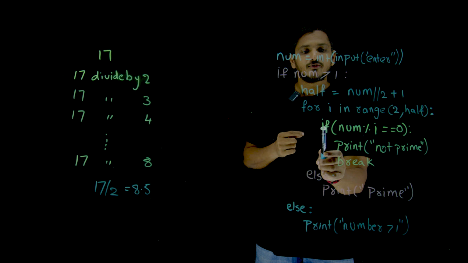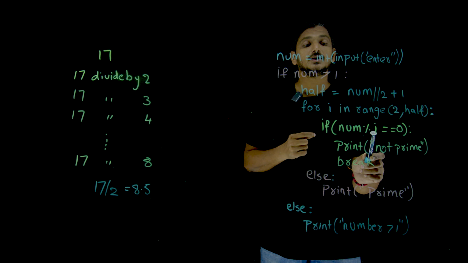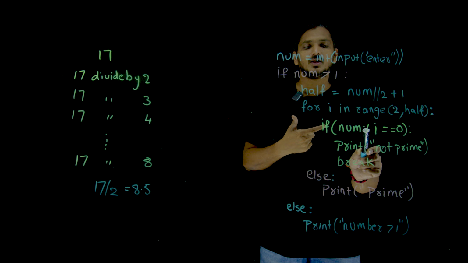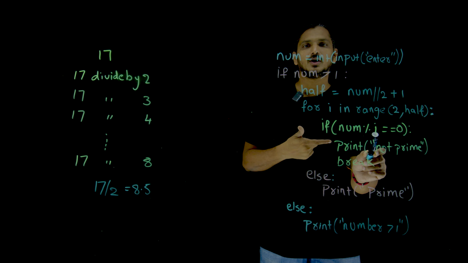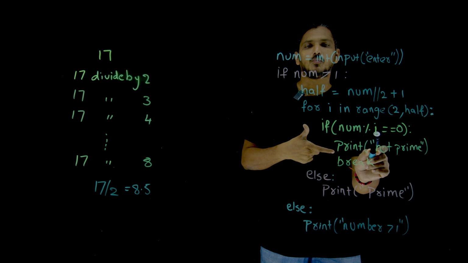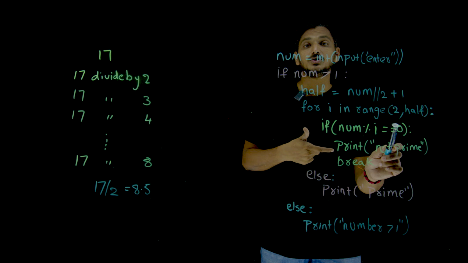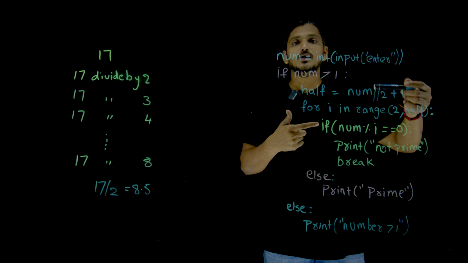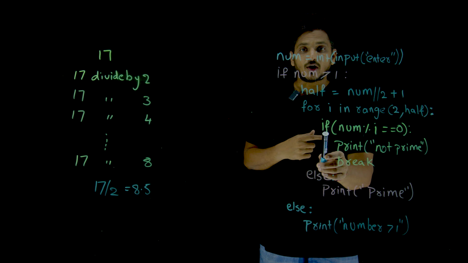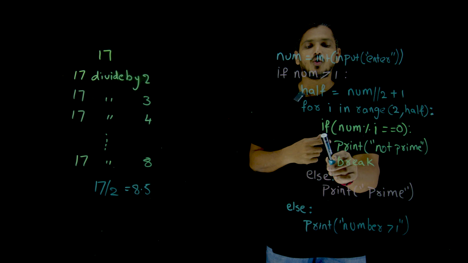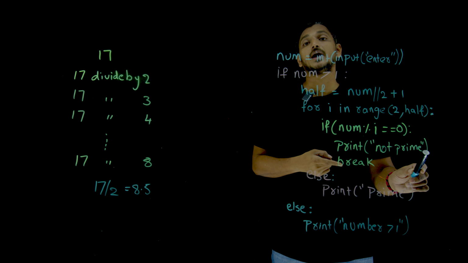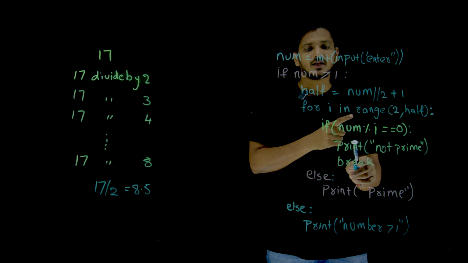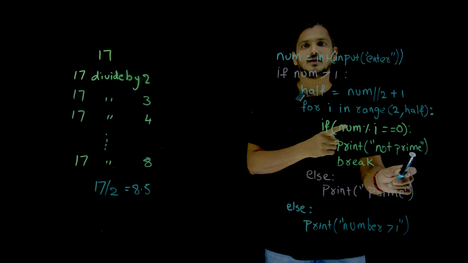So if num modulus i, first time num modulus 2, second time num modulus 3, third time num modulus 4, is equal to 0, it means the number is divisible by this i value. Once this condition happens, go inside and print that it is not a prime number. If it is divisible by any of the numbers, it is not a prime number.